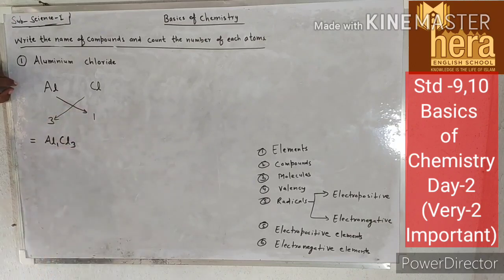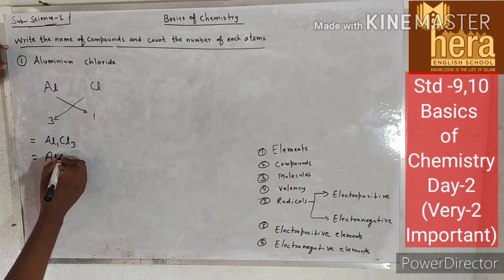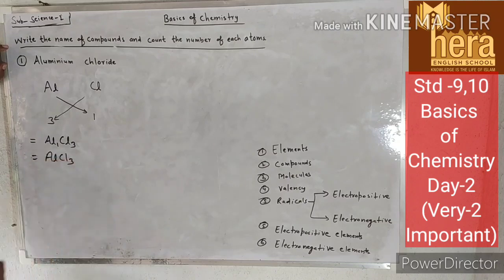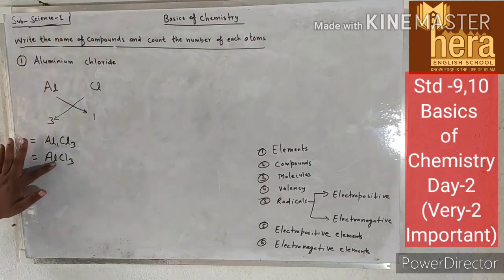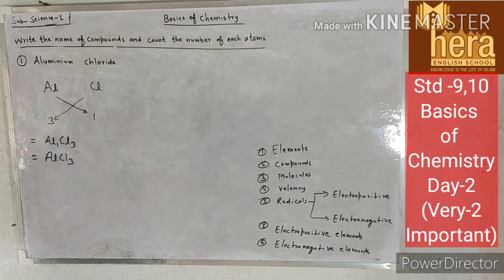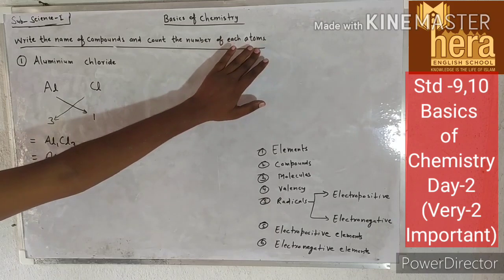So no need to write 1. So it will be AlCl3. It means in chemistry language we will write aluminium chloride as AlCl3. Understood? Now you have to count the number of each atom.